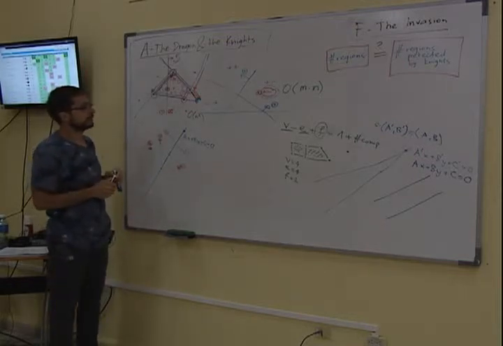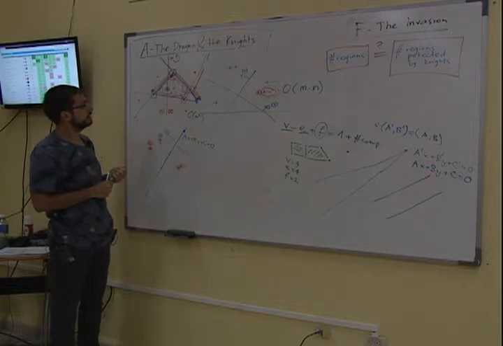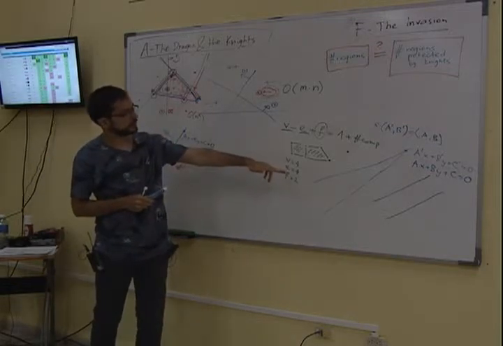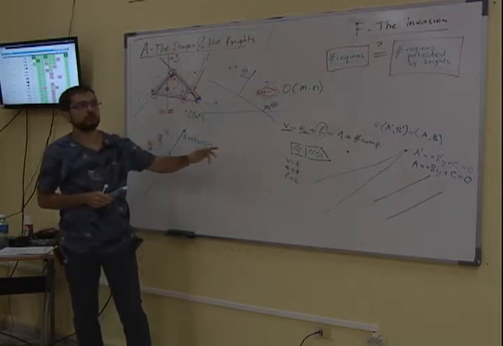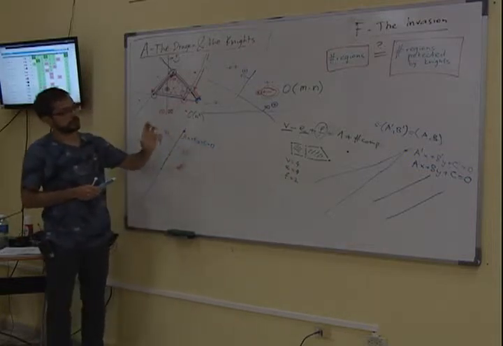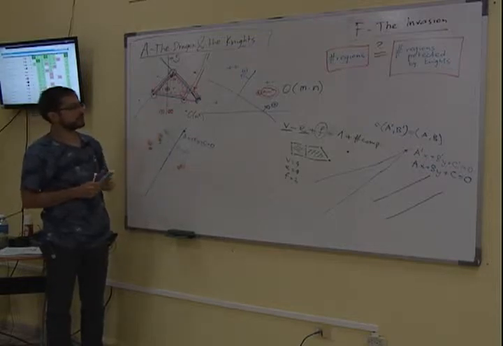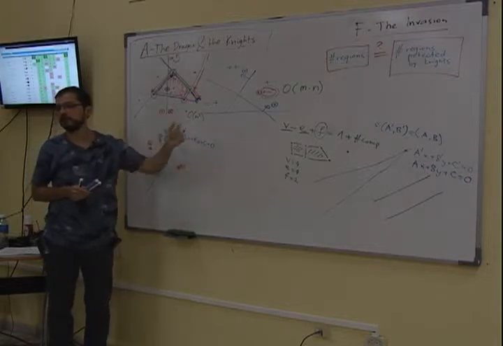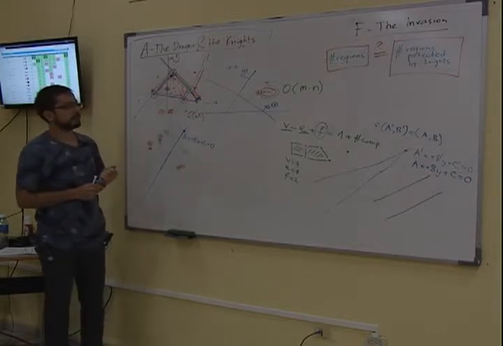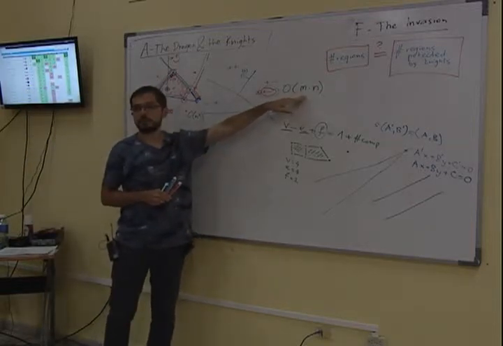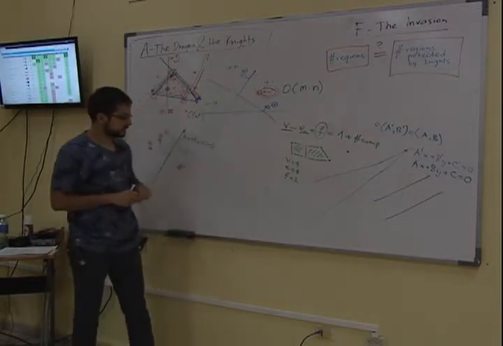But if we do it this way, then probably we will get an even faster algorithm, because we need to sort the rivers according to their lines. So for this one, we will get even n log n. But still, the time complexity will be dominated by this part.